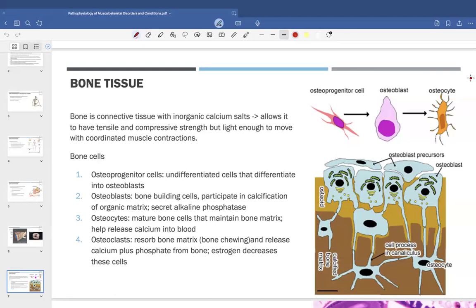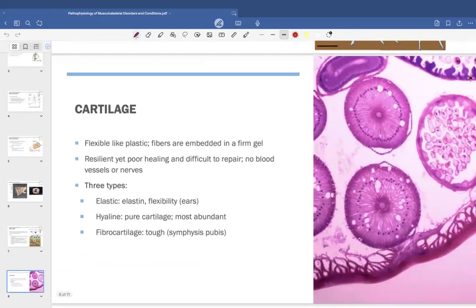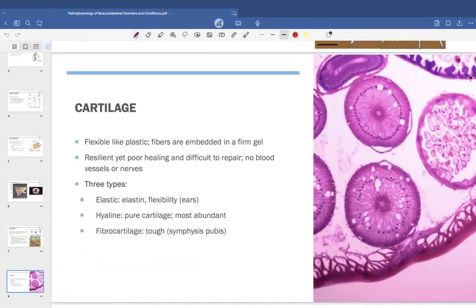All right, cartilage. It's more flexible than the bone. In cartilage, you have fibers that are embedded in a very firm gel. Depending on where it is, some are more dense than others.